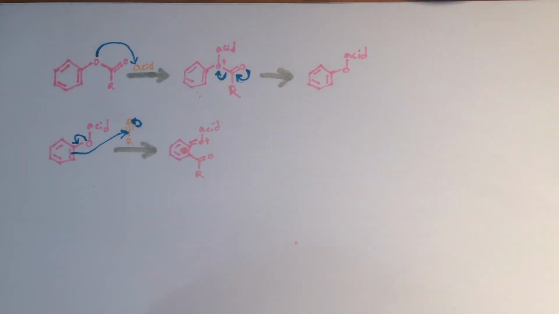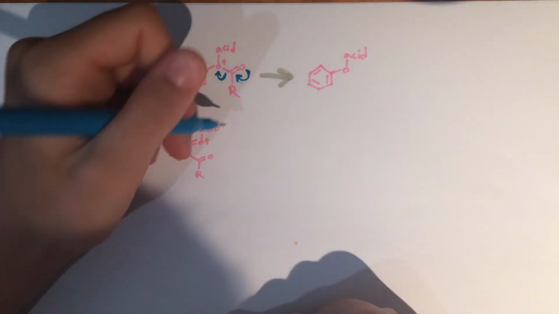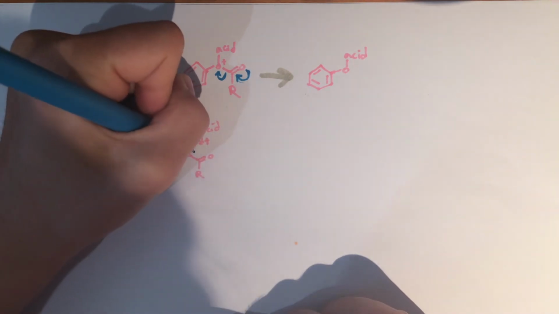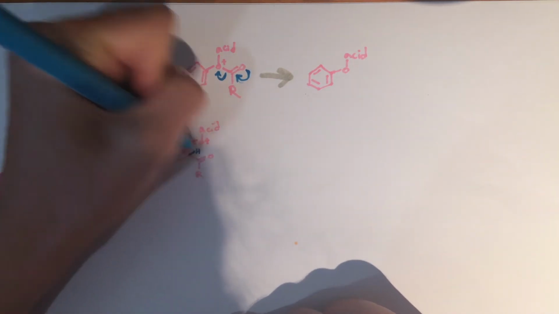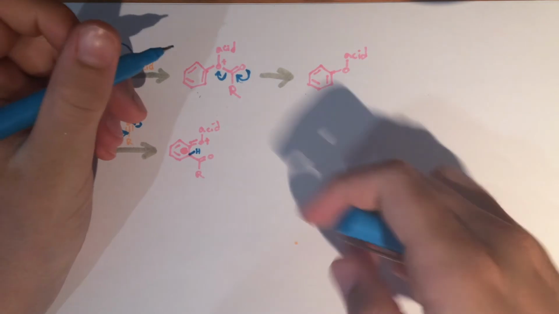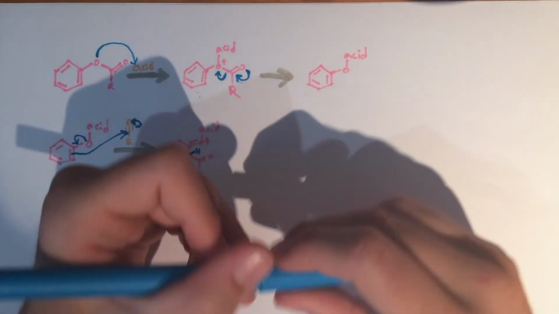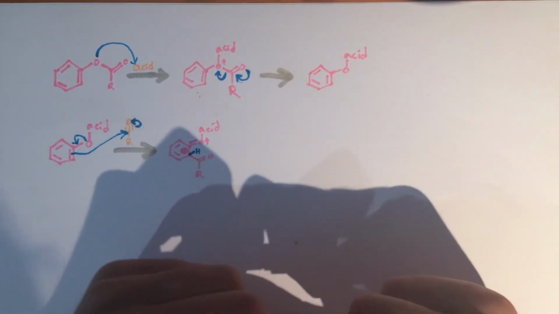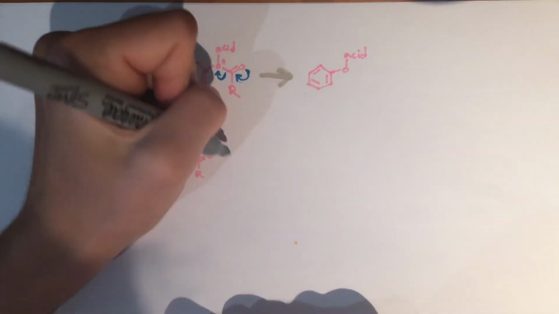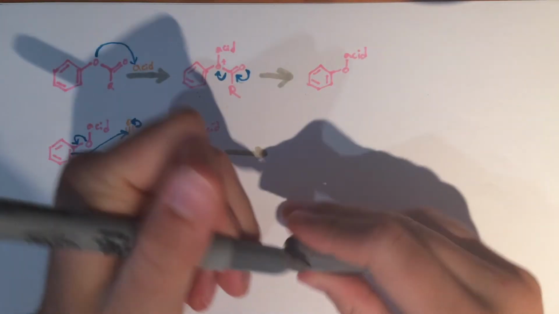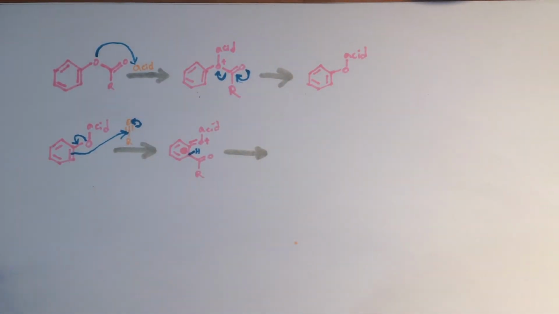Now, because this was an aromatic ring, it's going to go through re-aromatization, and it will revert back to an aromatic ring. So basically what happens is the molecule loses a hydrogen.